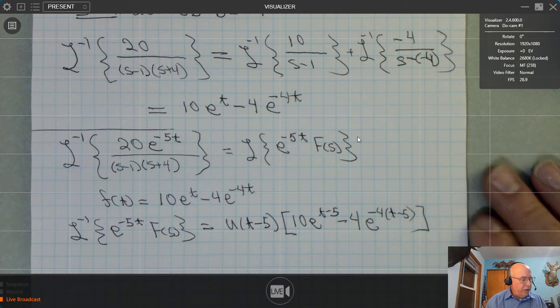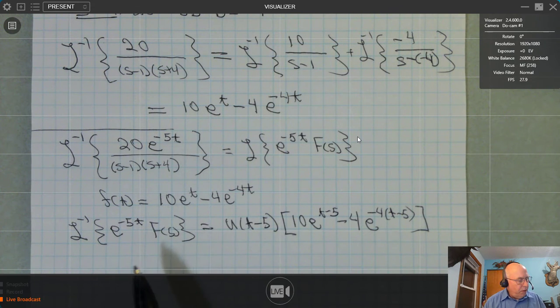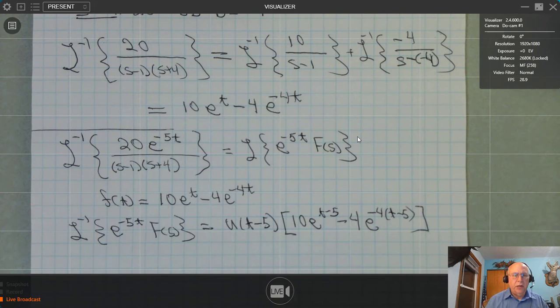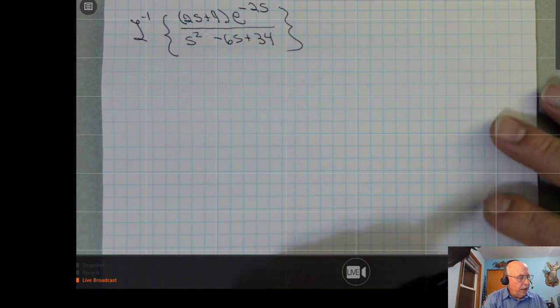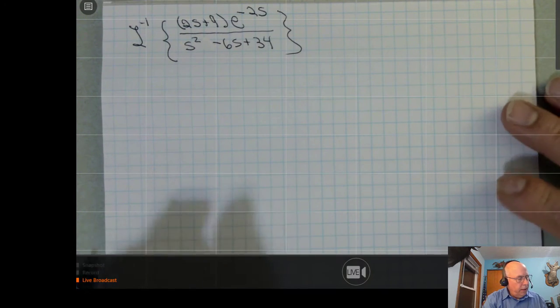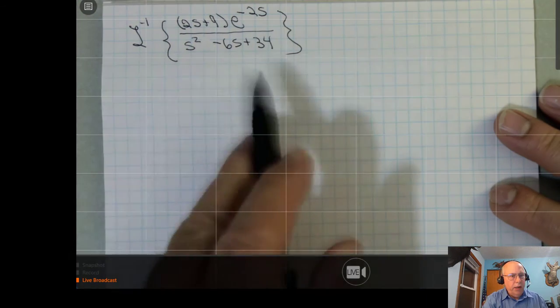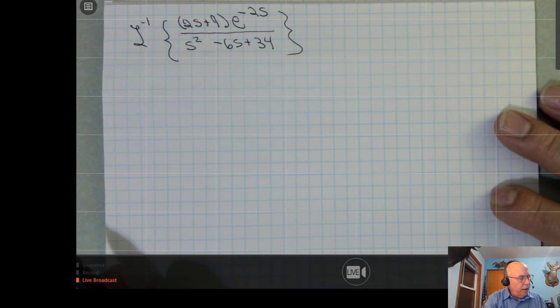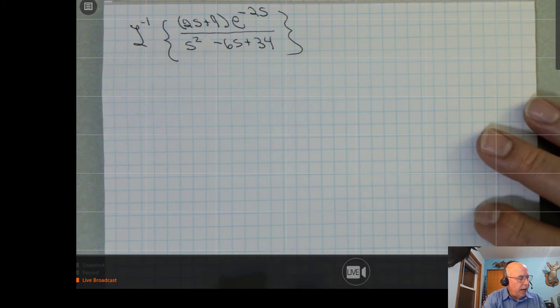So there's our inverse transform when we've picked up this exponential here. Okay, now let's step this up a little bit by putting all the pieces together. This problem is actually going to involve a shift on the s-axis as well as a shift on the t-axis.